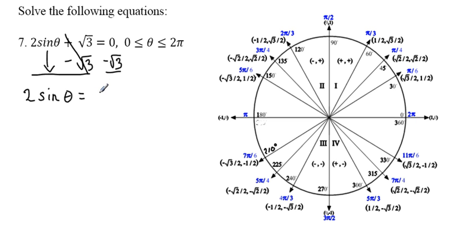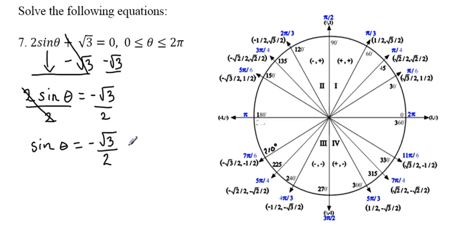And 0 minus radical 3 is negative radical 3. Next thing, we will divide both sides by 2. The 2's divide out to become a 1, and we are left with sine theta on the left. On the right, we have negative radical 3 over 2.